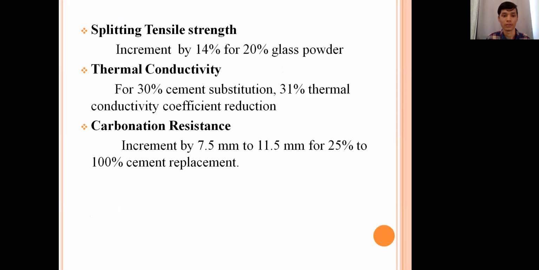For thermal conductivity, with 30% cement substitution, there is a 31% reduction in the thermal conductivity coefficient. For carbonation resistance, there is an increment from 7.5 mm to 11.5 mm for 25% to 100% cement replacement by glass powder.